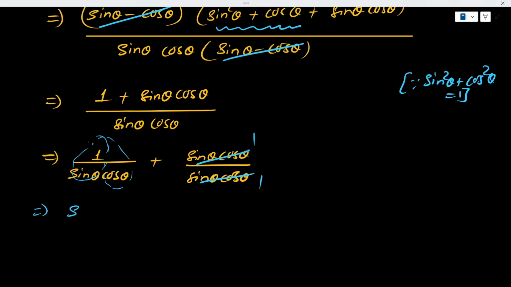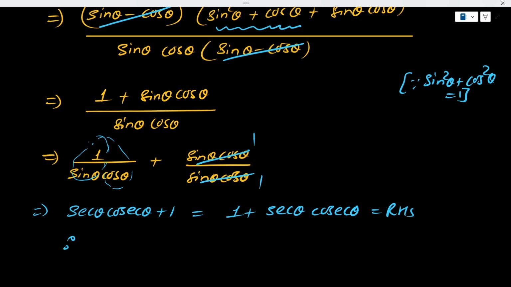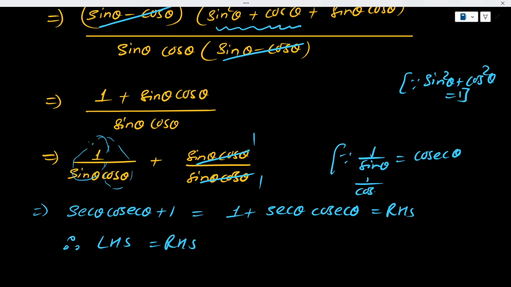So you can write sec theta cosec theta plus 1, which is nothing but 1 plus sec theta cosec theta, right? Which is RHS. Therefore, left hand side is equal to right hand side. Here, if you want, you can write 1 by sine theta is cosec theta, and 1 by cos theta is the reciprocal, sec theta. So this is also the reason. Hence proved, right?